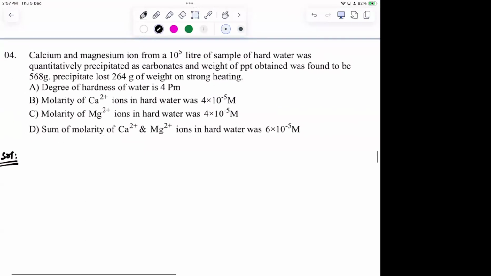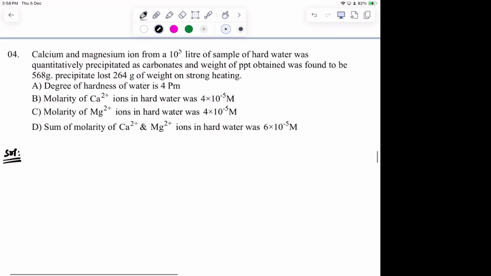Calcium and magnesium from a 10 raised to power 5 liter sample of hard water are quantitatively precipitated as carbonates, and the weight of precipitate obtained was 568, and the precipitate lost 264 of weight on strong heating. The degree of hardness is 4 ppm, and the molarity of calcium and magnesium ions in hard water is asked, and the sum of molarity we need to figure out. Let us see how we can solve it.